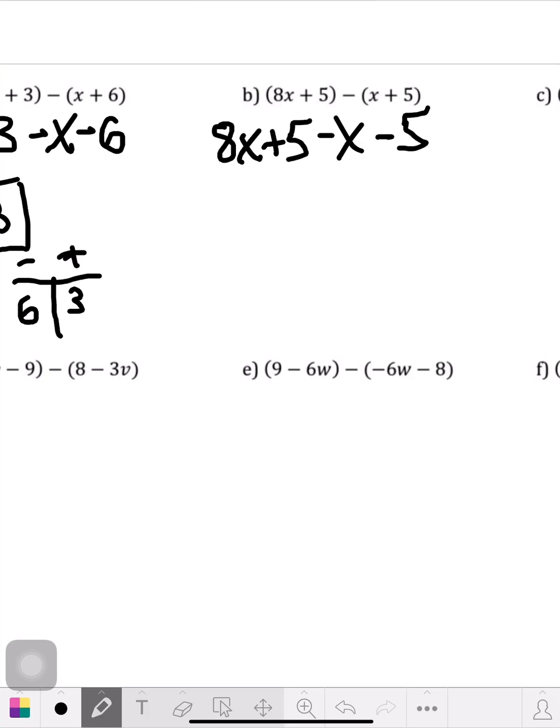Going left to right, let's start putting things together. We have 8x minus 1x, so that's going to be 7x. Now we have a positive 5 minus 5. 5 minus 5 is going to be 0, so you don't have to write anything in there. Your answer is actually just going to be 7x.